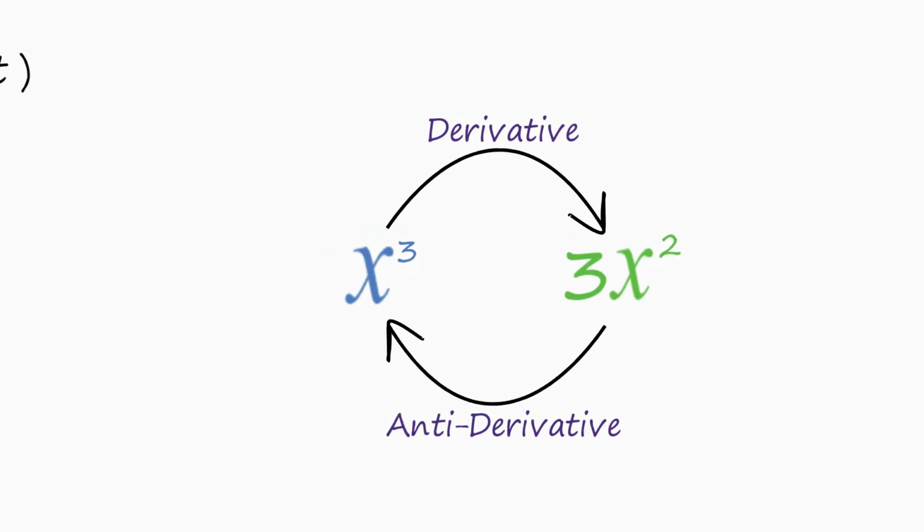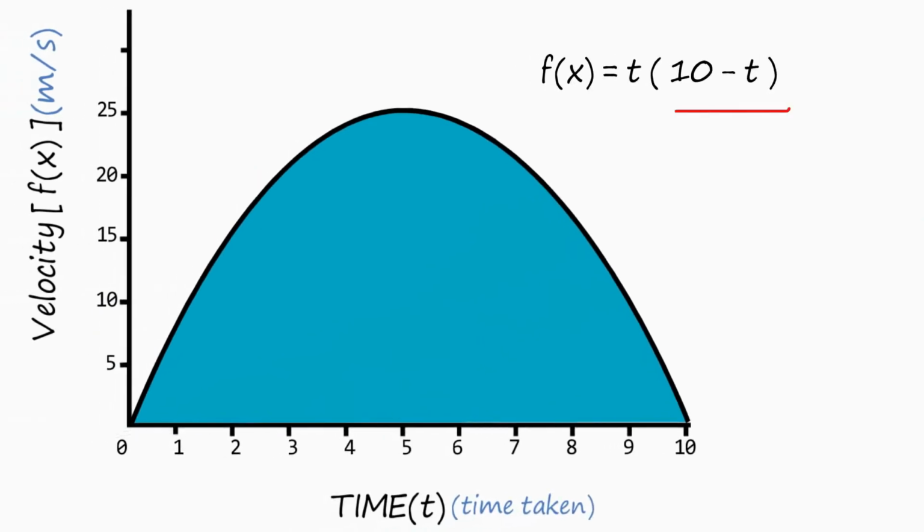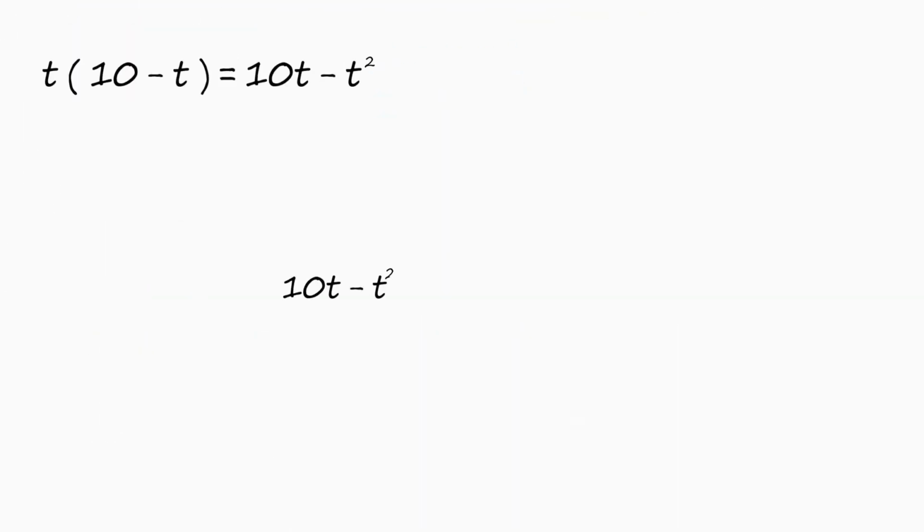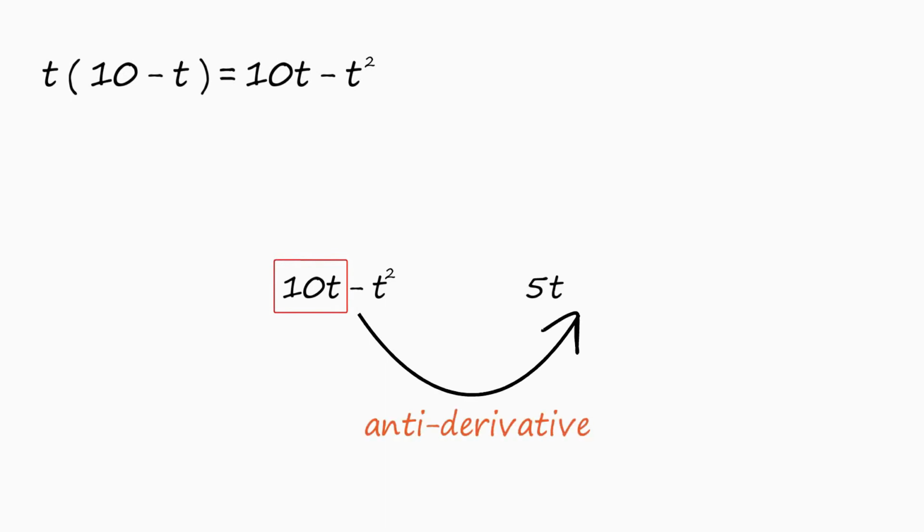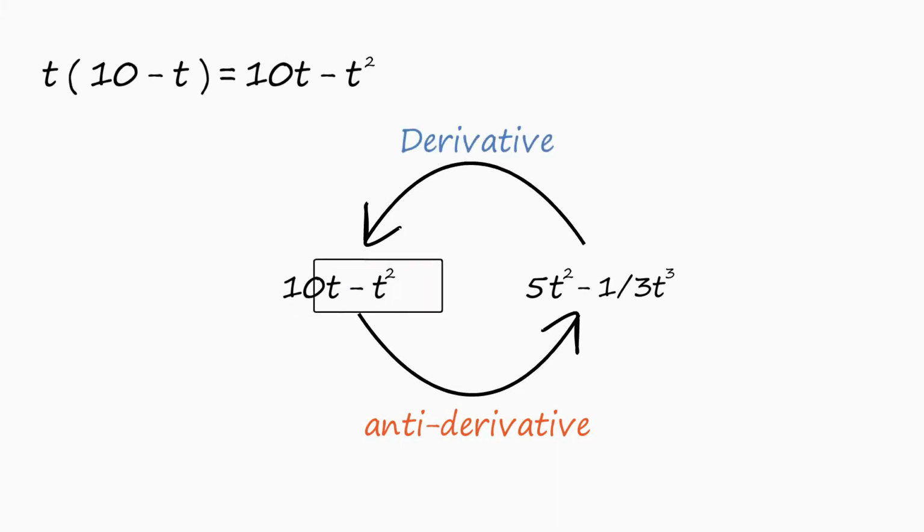Just like that, we have to find the antiderivative of this function. So the antiderivative for 10t should be 5t squared, and for t squared, it should be something like 1 by 3 t cubed. So the antiderivative of this function is 5t squared minus 1 by 3 t cubed.